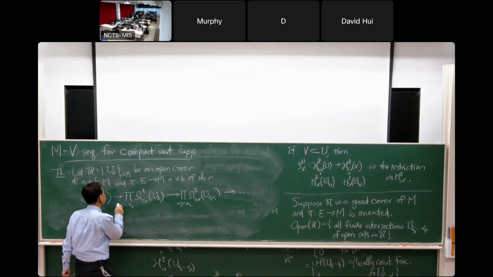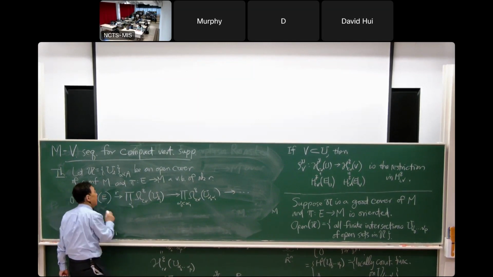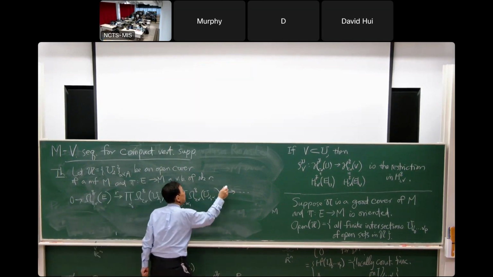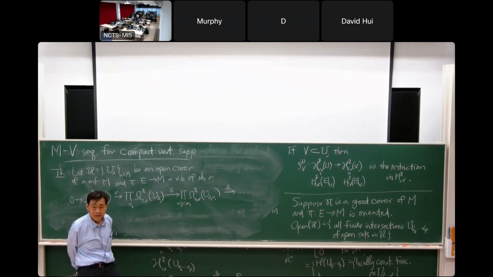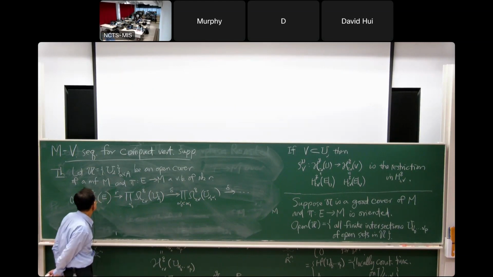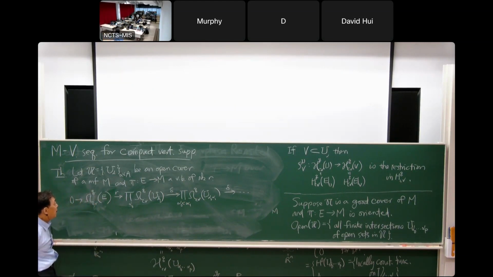The first map is just restriction, and the other maps are delta, the alternating differences. Is this defined by the same formula as before? And the theorem is that this is exact.